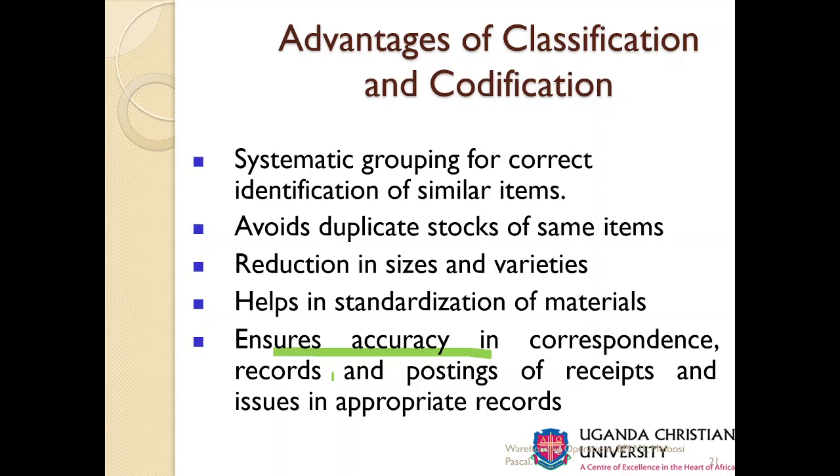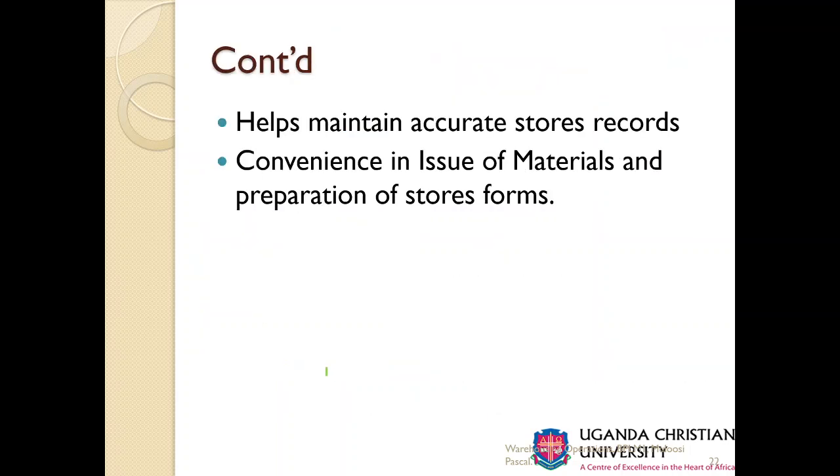These records are very important for stock accuracy, which takes us to the next point of stock accuracy. This can only be possible when you have a proper coding system that records everything that is in the warehouse. And so at the end of the day, when you're issuing materials, you are not going to have a problem as a stores manager.